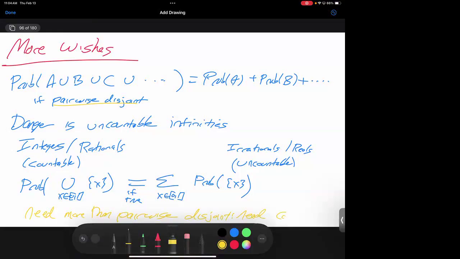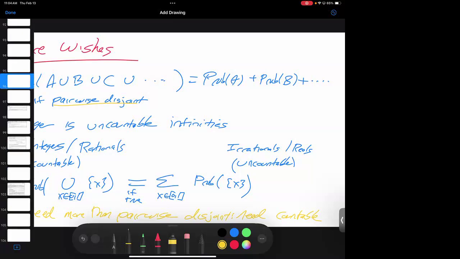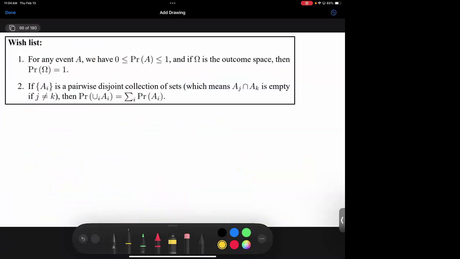So we need countable. We need something that can be put into a one-to-one correspondence with the integers. And so just writing things nicely, whenever we have something like a sum over i, you should view this as a finite sum, or say a sum where i goes from 0 to infinity.